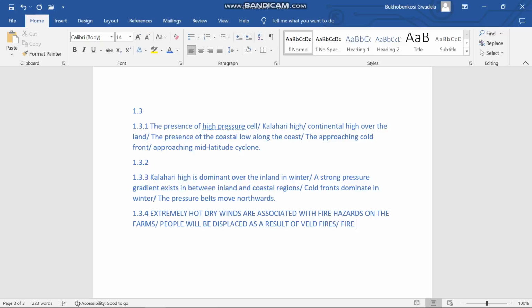So fire risks as a result of berg winds increase insurance payments. Okay, also the fire risk as a result of berg winds increase insurance payments.